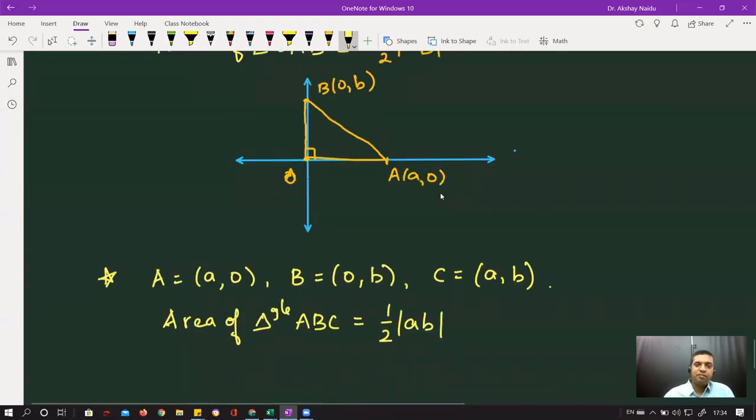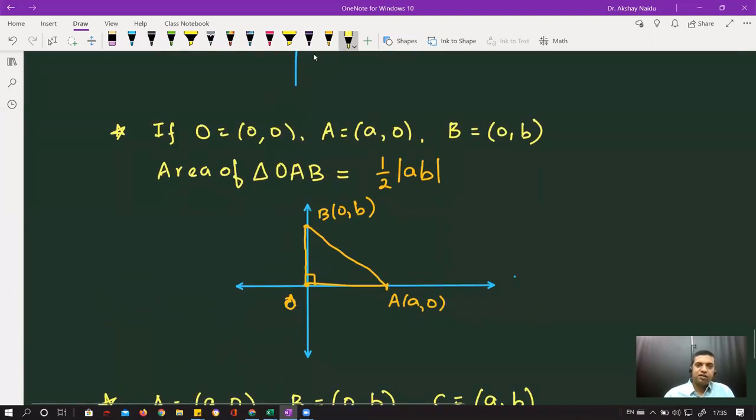See here, the same previous figure. Now instead of O, you have a point C, which is a comma b. So C will be exactly above A and exactly to the right of B. So this will be the triangle. If you draw a square, this and this will be equal.